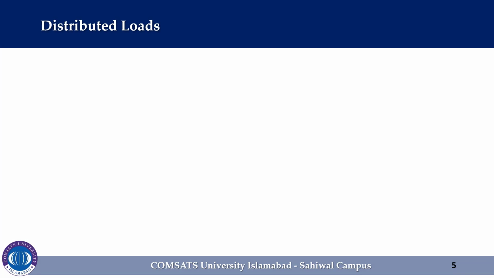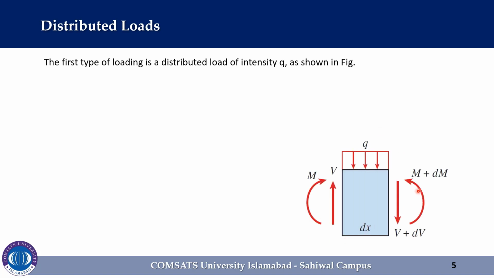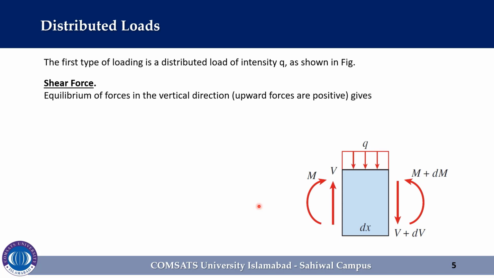Distributed loads. The first type of loading is the distributed load of intensity q as shown in the figure here. We will consider first its relationship to the shear force and second its relationship to the bending moment, as discussed in previous slides. Equilibrium of forces in the vertical direction, considering upward forces positive, gives the following expression: V minus q dx minus (V plus dV) is equal to 0.